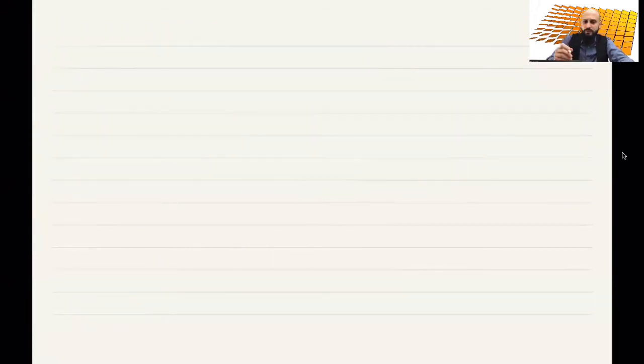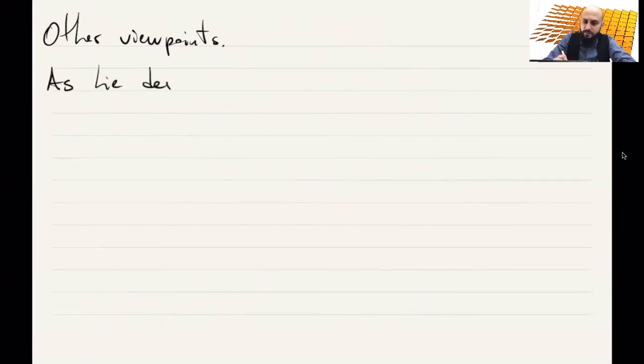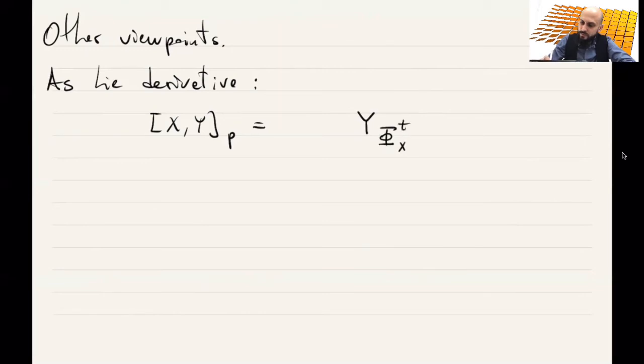Other viewpoints. The first one could be as Lie derivative. So the vector field associated to the commutator, the Lie bracket [X,Y] at p, can be obtained like this. Consider the vector field Y evaluated at the point flow with respect to X at time t of the point p.